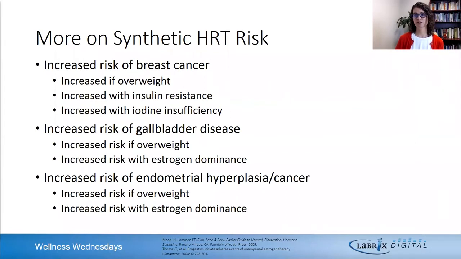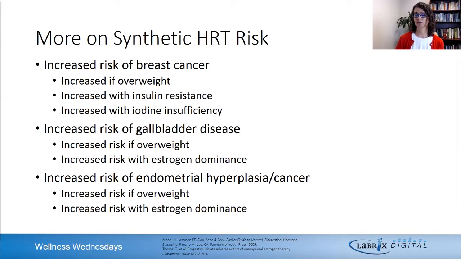Some other additional risk for women who are using HRT, and again, the HRT stands for hormone replacement therapy, which does not equal bioidentical hormone replacement therapy. So anytime a woman is using synthetic HRT, they have an increased risk of breast cancer. Especially worse if they're overweight, if they have insulin resistance, or if there's any iodine insufficiency.